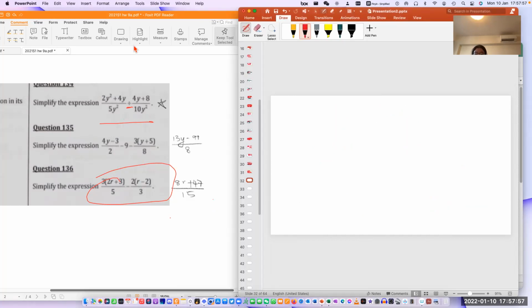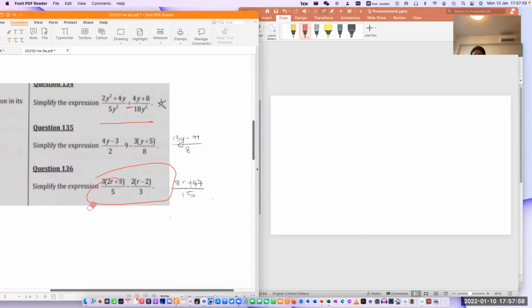So let me quickly do it here. Really quick one. So you get 6r plus 9. Do you open the brackets first before you make the denominator the same?